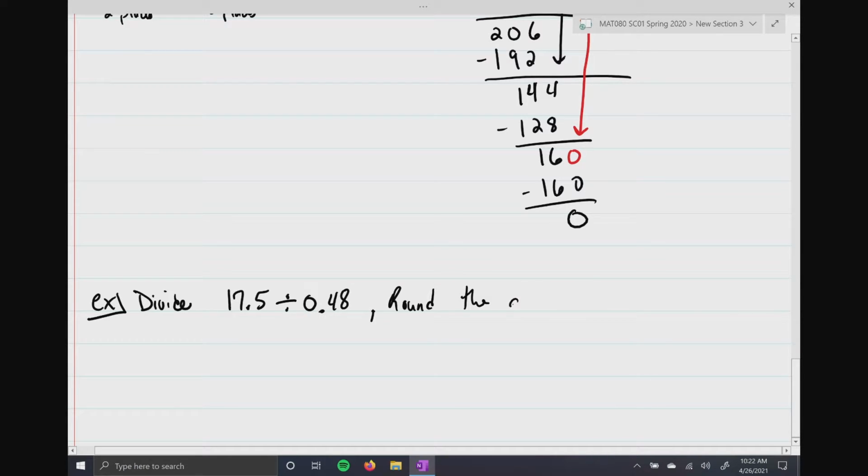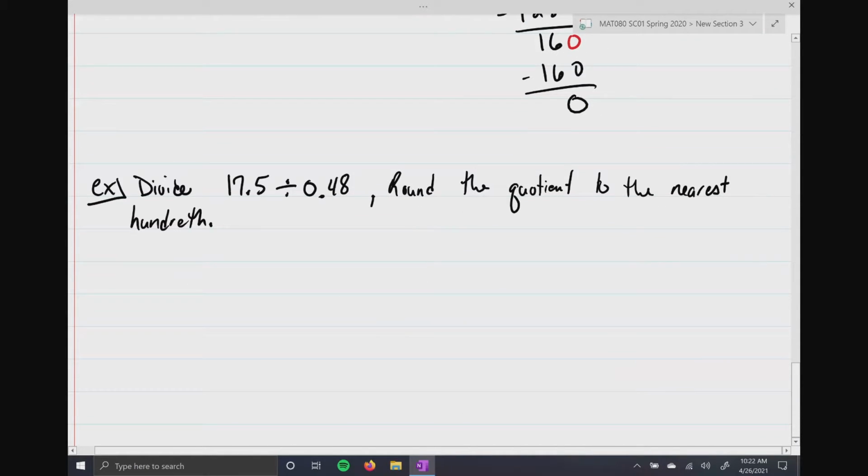Round the quotient. So we're going to do this problem right here. 17.5 divided by 0.48. And there's directions. I want you to round the quotient to the nearest hundredth.